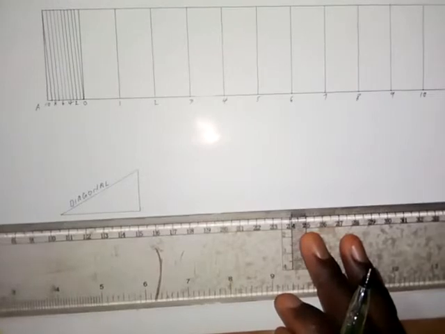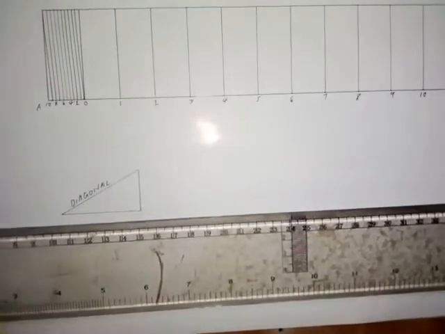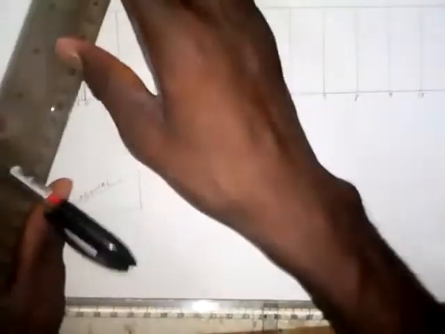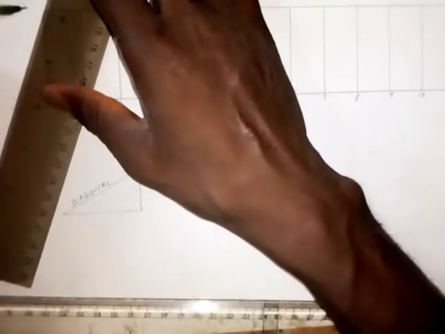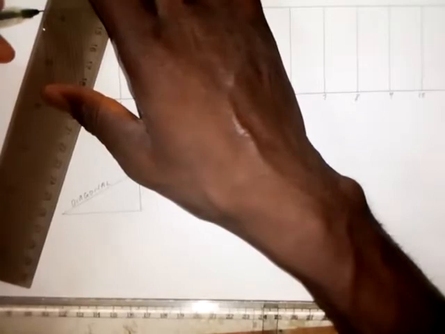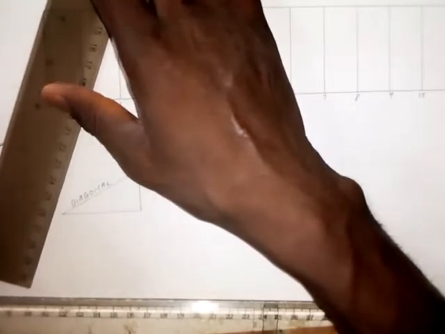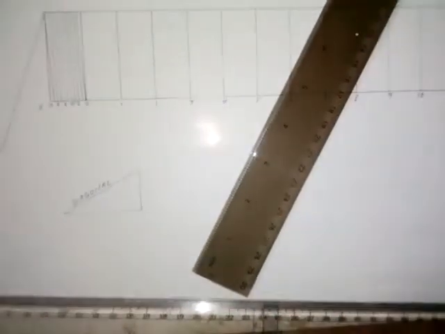So how do you divide it into 10 equal parts? From here to here is 5 centimeters. So I need to work it out by using the method of division of a line into a number of equal parts.